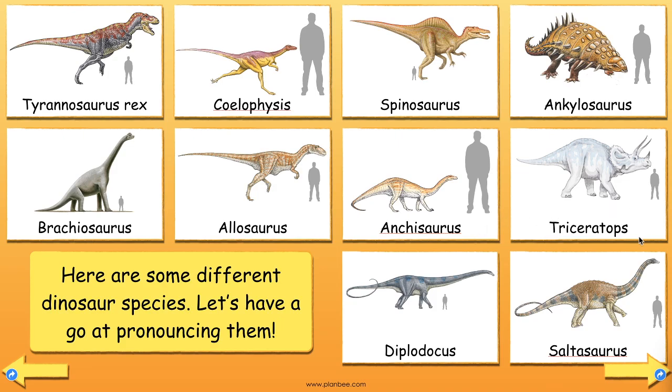This one I think many people have heard of, Triceratops. I really like Triceratops. And look at these horns at the front on their heads. Triceratops. Can you say that out loud?